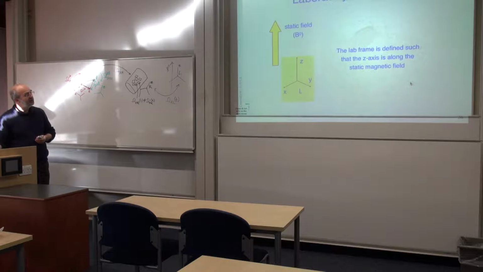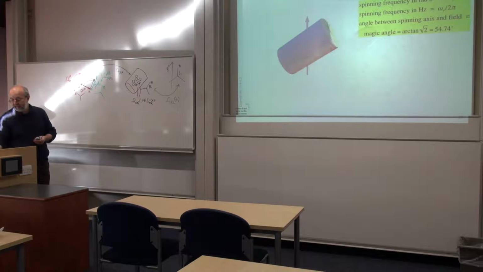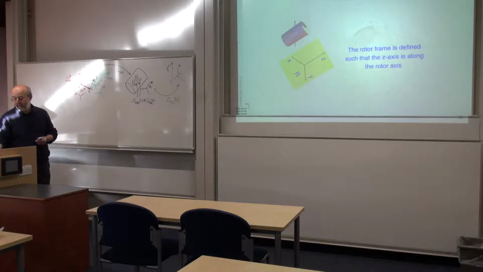So the laboratory frame is defined with a z-axis along the magnetic field. Doing magic angle spinning, which we often are doing in solid state NMR, we have samples going around at angular frequency omega r. We define the rotor frame fixed with respect to the rotor.